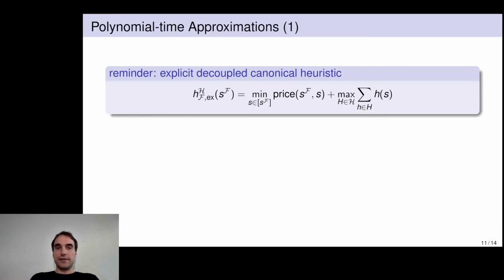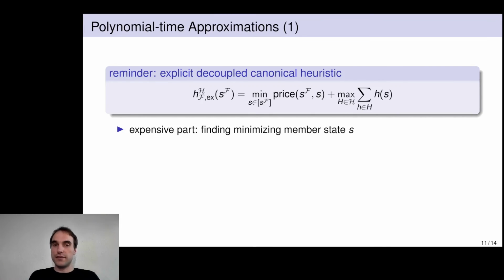Now let's look again at this explicit decoupled canonical heuristic. And we by now figured out that the problem is the enumeration in the minimum. So we need to find the minimizing member state S, and only then can we actually compute a heuristic.